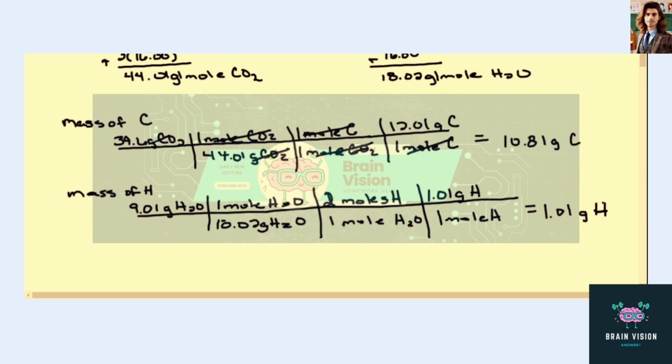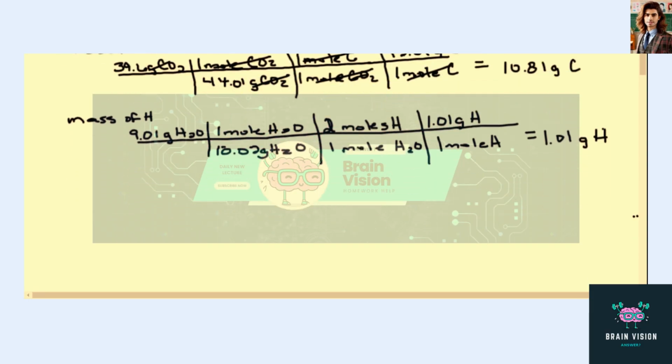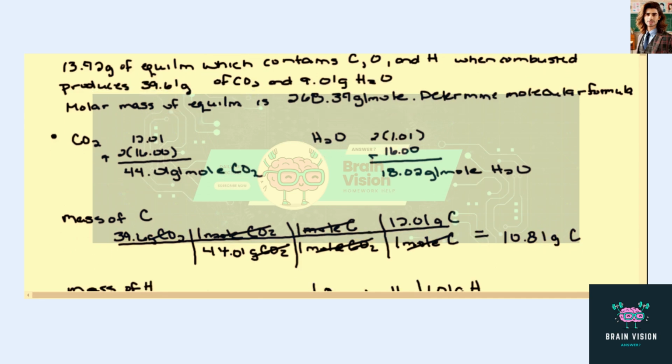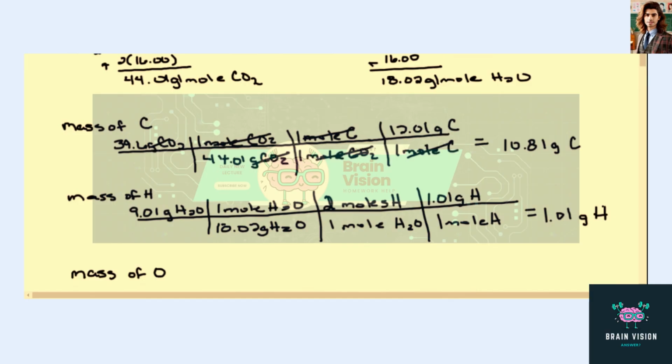Then we could do a couple things to find the mass of oxygen. We know that the mass of equilin is 13.42 grams. That total mass of equilin should be the masses of each of hydrogen, carbon, and oxygen added together.